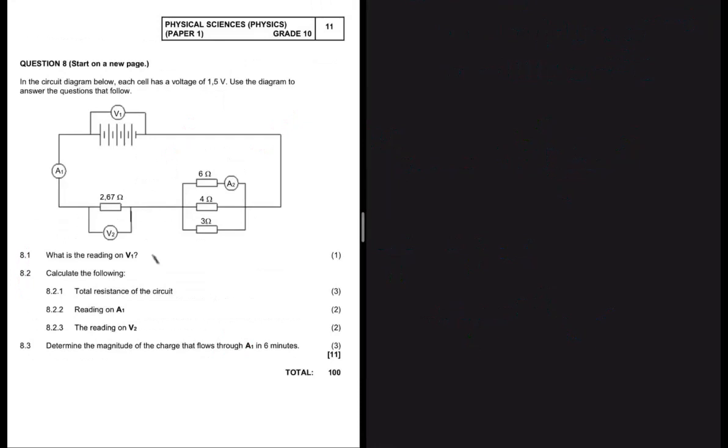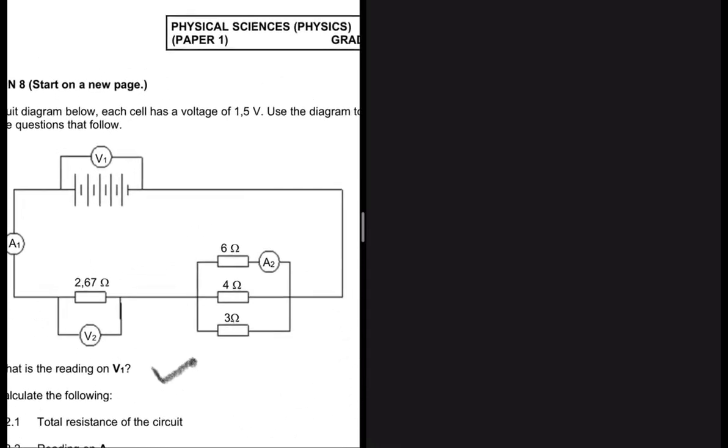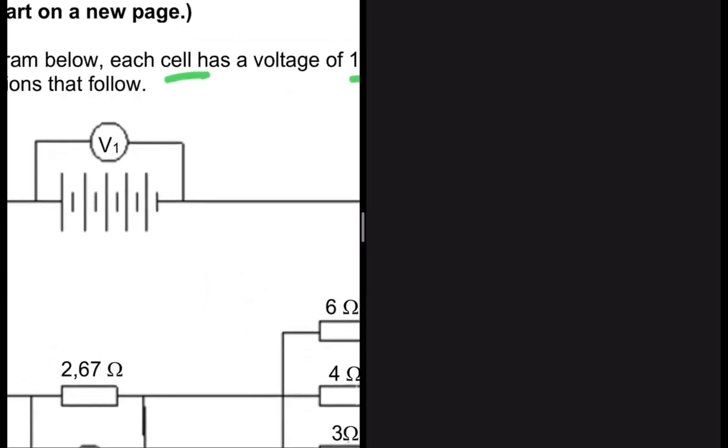What is the reading on V1? V1 is a voltmeter connected across the ends of a battery. In our question statement, we are told that each cell has a voltage of 1.5 volts. So how many cells do we have in our setup? We have 1, 2, 3, 4, 5 in series.